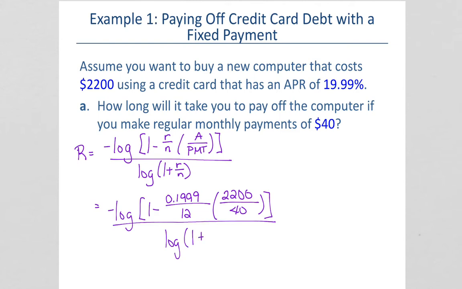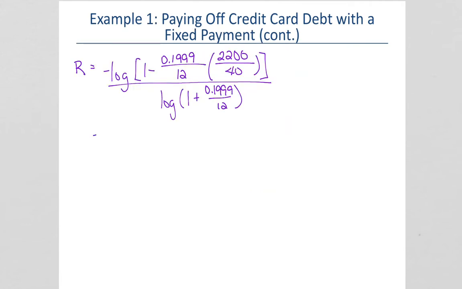And 1 plus the rate divided by n. Okay. So let's start talking about how to solve this by hand with the help of the calculator, of course.